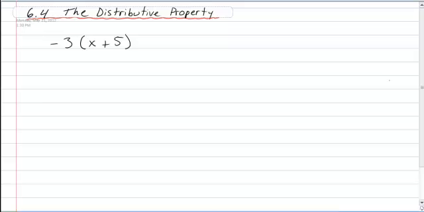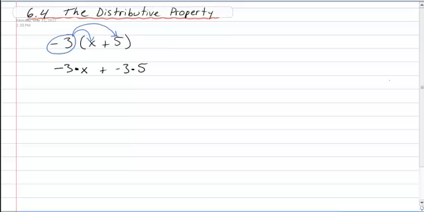And how we use the distributive property here is we can say that this negative 3 here is being multiplied by x, it's being distributed throughout the rest, and it's being multiplied by 5. So we can write this as negative 3, I'll use a dot to represent times, negative 3 times x plus negative 3 times 5. Alright?